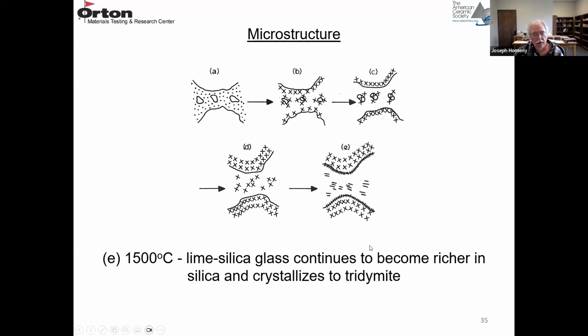And then finally in E, now the tridymite starts to crystallize out. It's the same temperature, 1500 degrees C. So the surfaces of these particles are now being converted to tridymite, and the matrix is converted to tridymite. So typically in a quartz refractory, you're going to end up with tridymite and cristobalite.